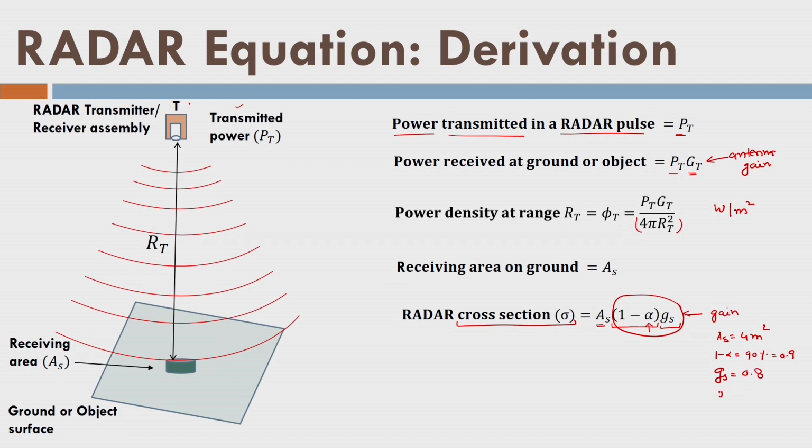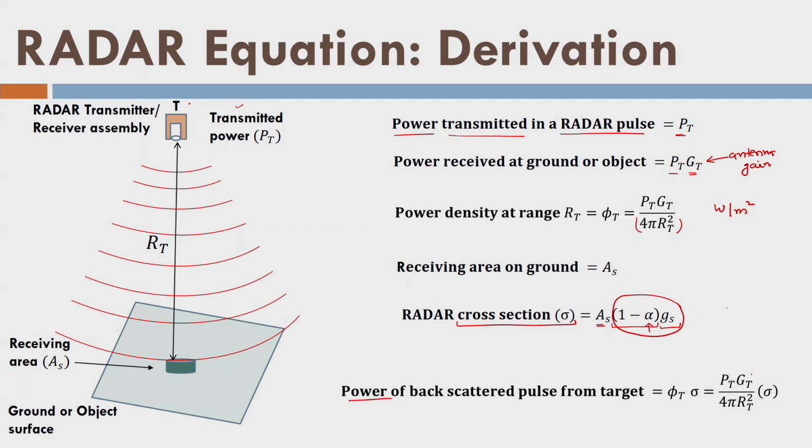So I will get sigma equal to approximately 2.8 meter square. So I can say here that only 2.8 meter square area is reflecting. So the power of the backscattered pulse from the target is power density into cross section area. So I get this term here, that is the power backscattered at the surface area.